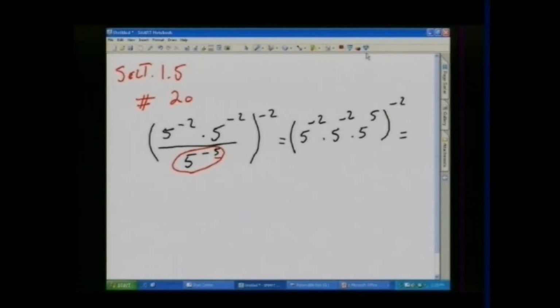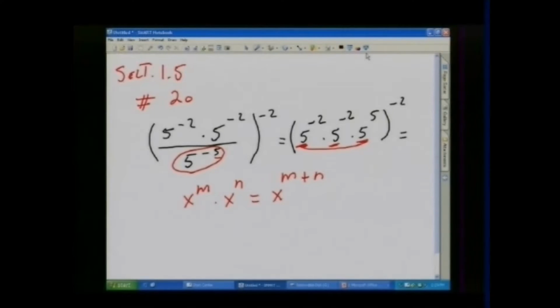Now, one of the properties says h to the m power times h to the n power is equal to h to the m plus n. So if the base is the same, you add up the power. And as you can see here, the basis for all of them is 5.